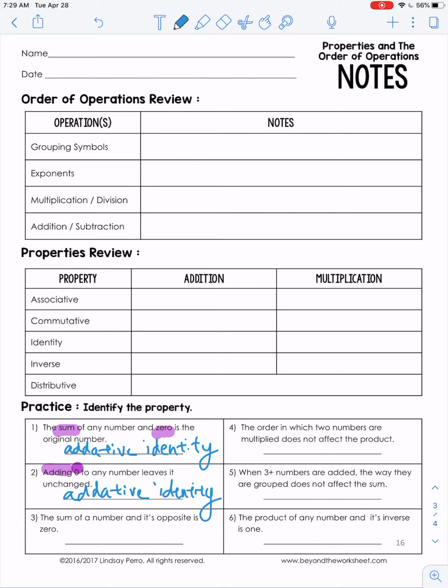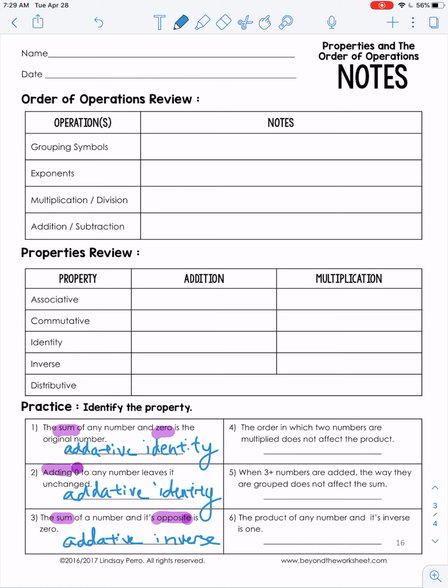And number 3, the sum of a number and its opposite is 0. So let's look. What are our key words? We have sum and we have opposite. So that's going to give us our additive inverse.